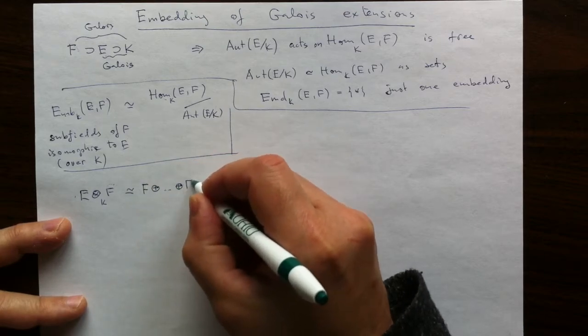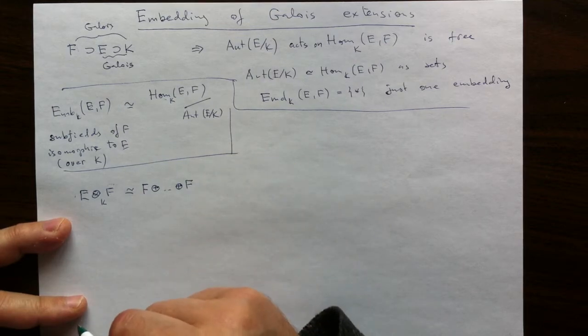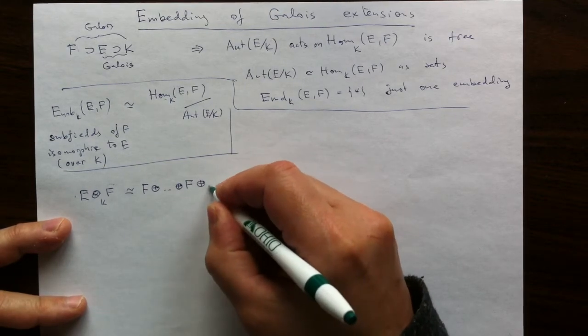I'm interested in how many copies of F I have in this Wedderburn decomposition.